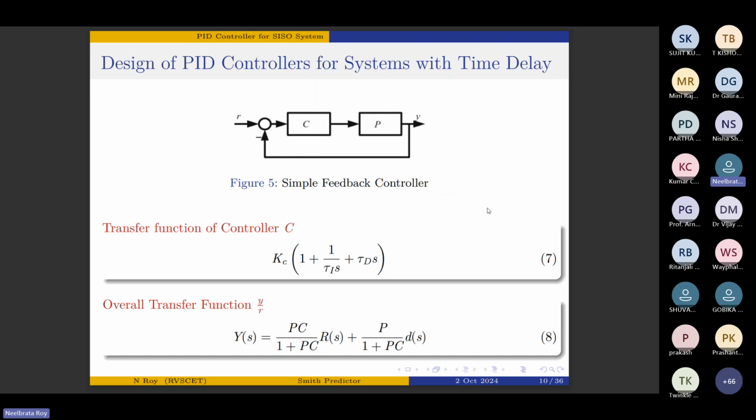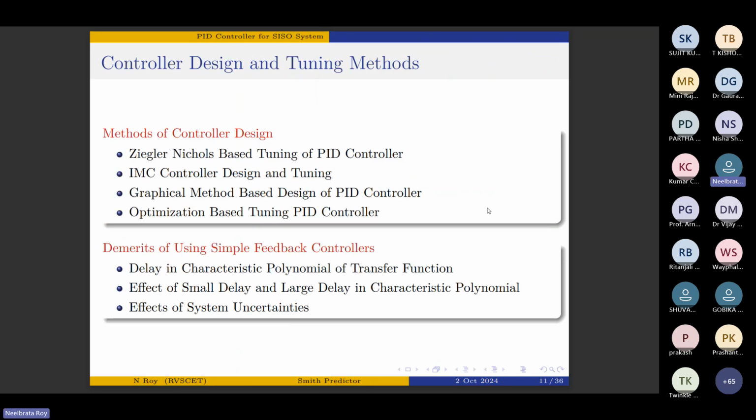But the main part here is to get the controller C. The methods to design the controller are Ziegler-Nichols based tuning of PID controller, IMC based controller design and tuning, graphical method based design of PID controller, and optimization based tuning of PID controller.